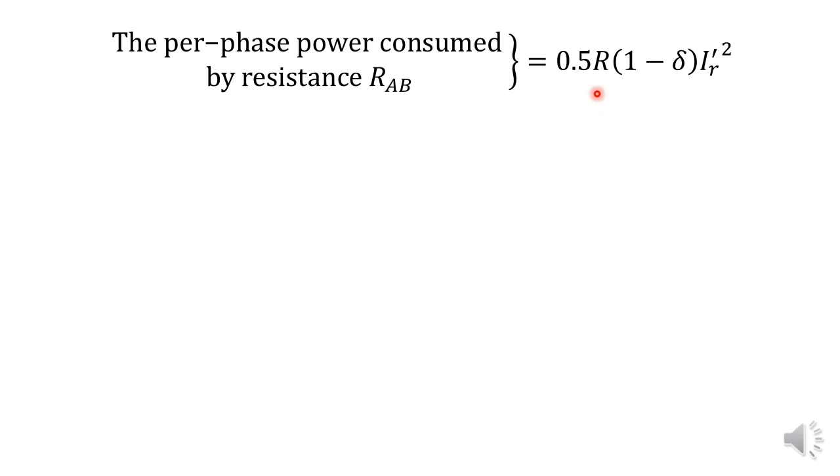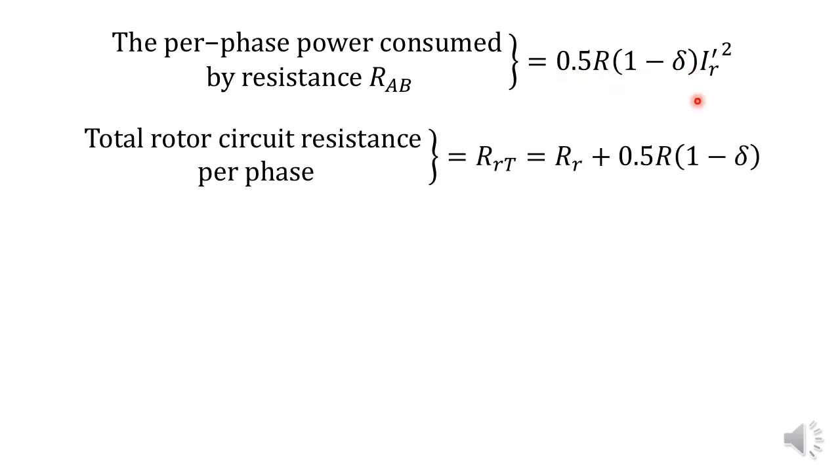So the actual or total resistance of the rotor circuit will be equal to the actual rotor winding resistance plus this resistance. So the total rotor circuit resistance per phase is RRT, RR total, equal to the actual value of rotor winding resistance, which cannot be changed, plus the effective value of external resistance. These are all per phase values.